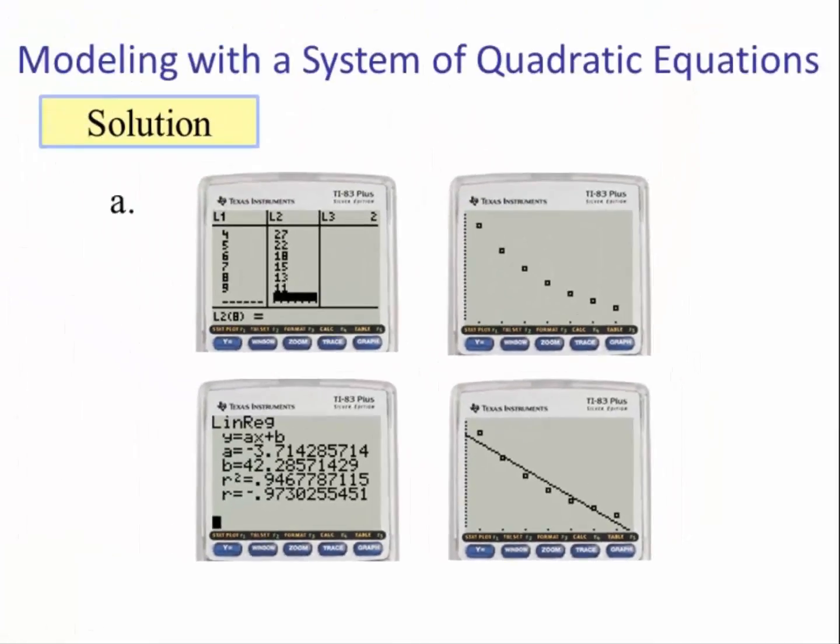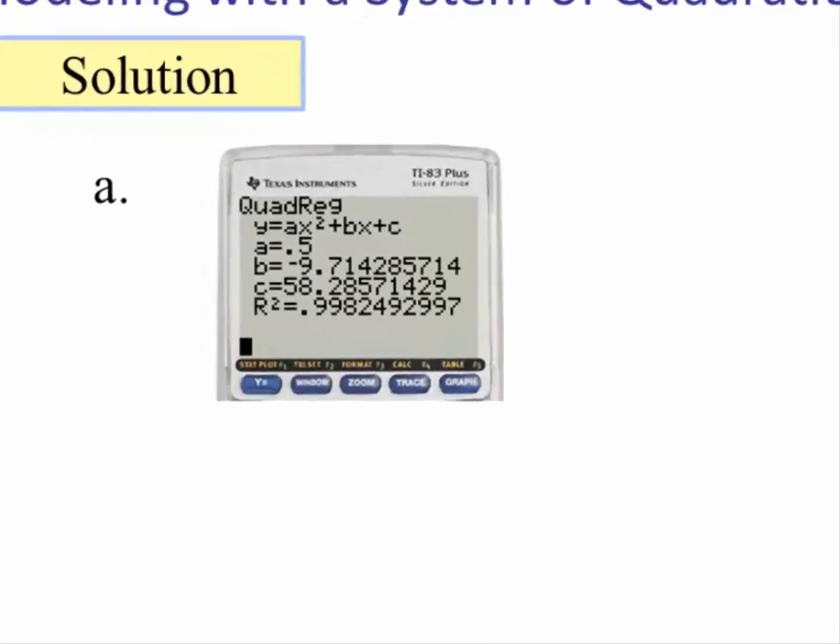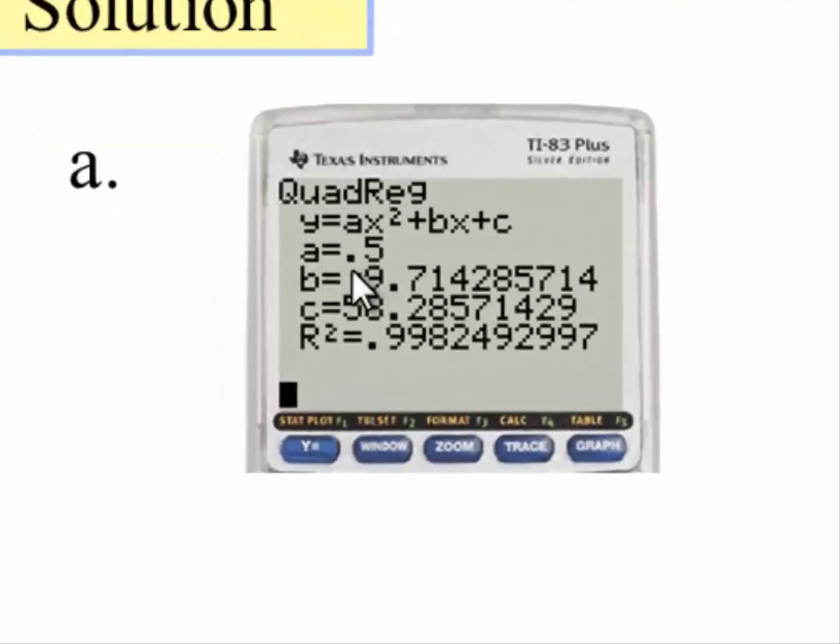So the linear model will be f of t equals negative 3.71t plus 42.29. Let's do the quadratic. We see that a is 0.5, b is negative 9.71, and c is 58.29. Our r-squared is 0.998.